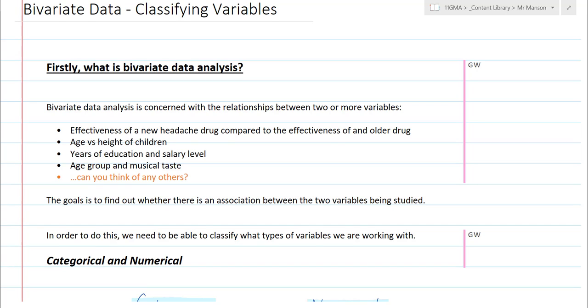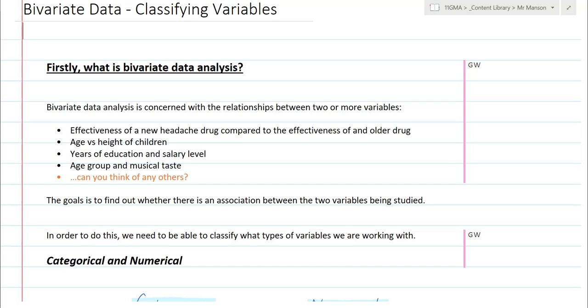So just a set of numbers, you could find mean, median, mode, standard deviation, you could draw box plots, etc. Bivariate data is when you're matching 2 variables. So you might get 100 people and get them to measure their arm span and their height, and then compare the arm spans and heights and see if somebody who's taller has a bigger arm span or something like that. So you're pairing up 2 variables, comparing them and creating some sort of statistical analysis on that.